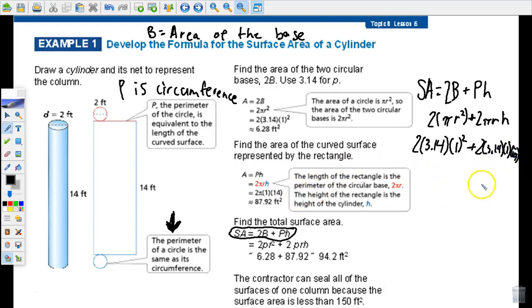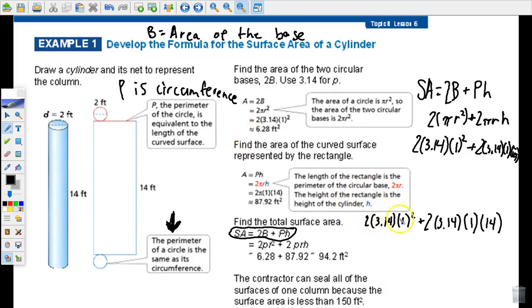I wrote that real small, so let me just rewrite it again: 2 times 3.14 times 1 squared plus 2 times 3.14 times 1 times 14.